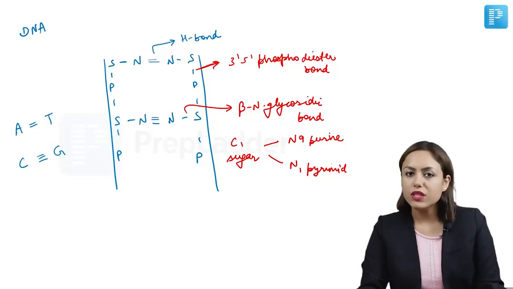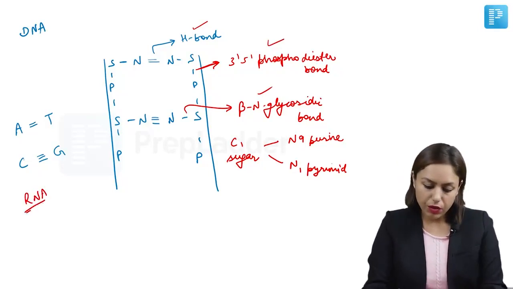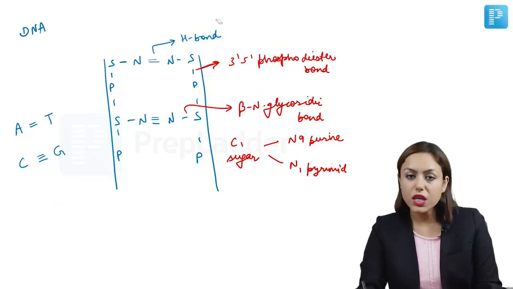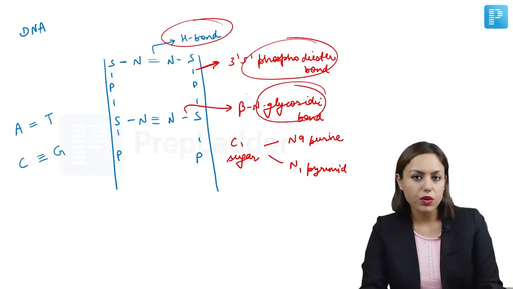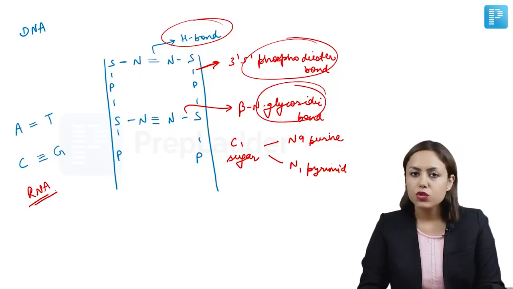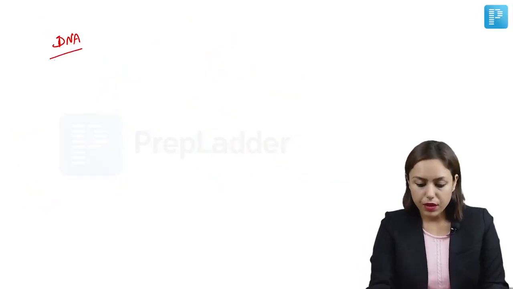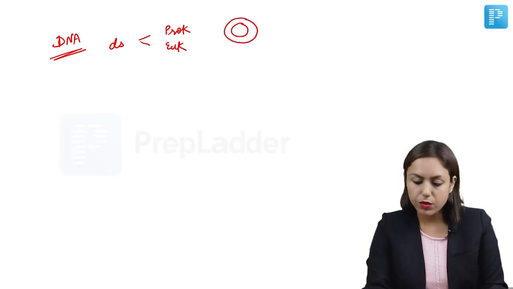So these are the 3 bonds in DNA: hydrogen bonds, phosphodiester bond and glycosidic bond. But in RNA, because RNA is single-stranded, there are no hydrogen bonds, but the others will be there. DNA is double-stranded in both prokaryotes and eukaryotes. In prokaryotes, it is circular double-stranded.